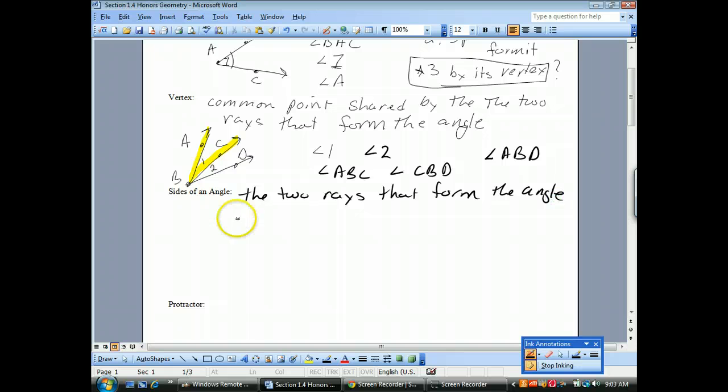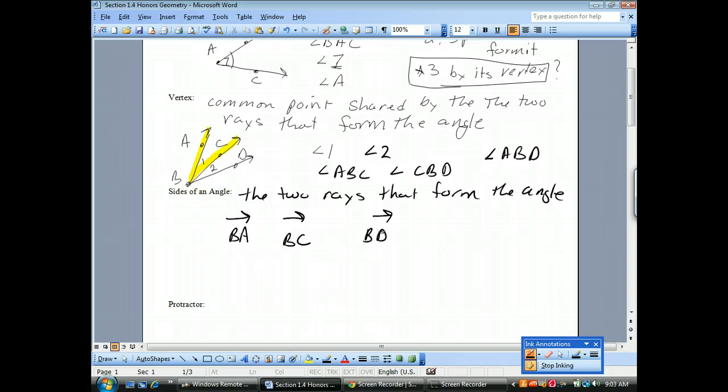Okay, so ray BA is the side of angle 1. Ray BC is the second side of angle 1. Ray BC is also a side of angle 2, and ray BD is the side of angle 2 also.